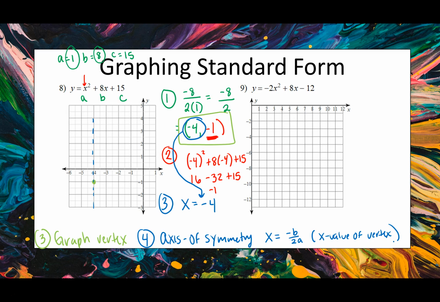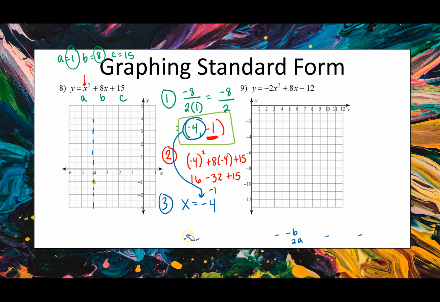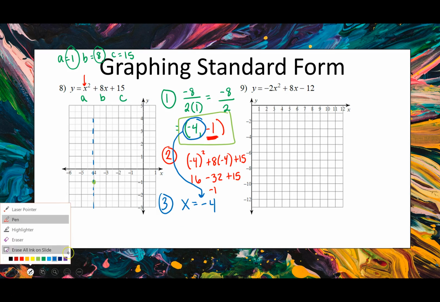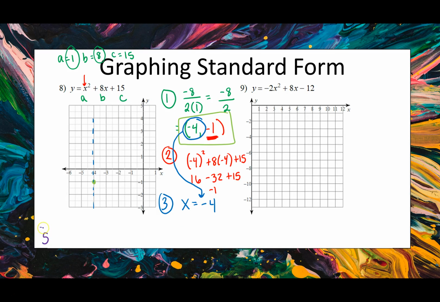All right, let's go ahead and go to our last step, which is going to be step 5. Step 5 is going to be to find another point. So let's go purple. I feel like we haven't done purple yet.